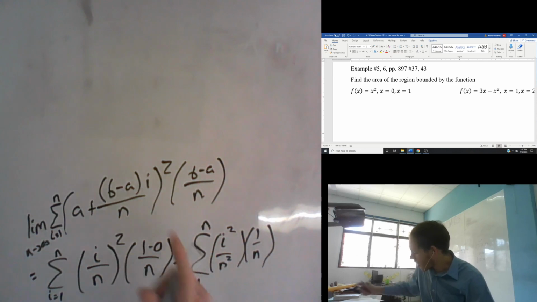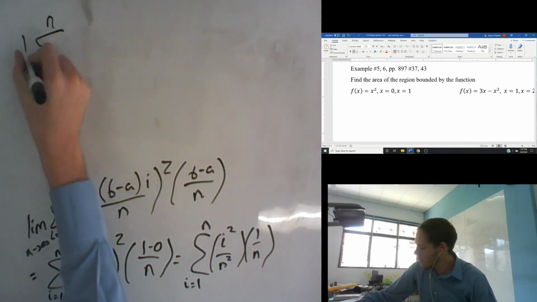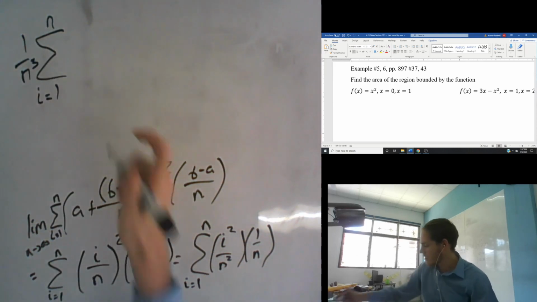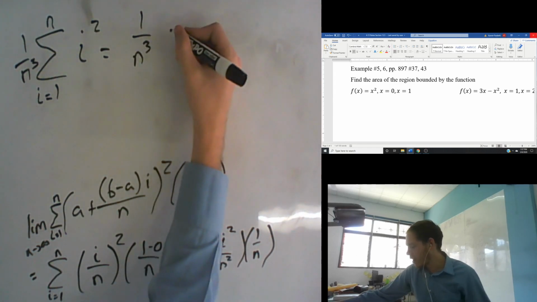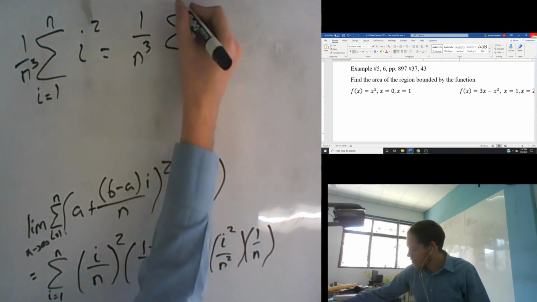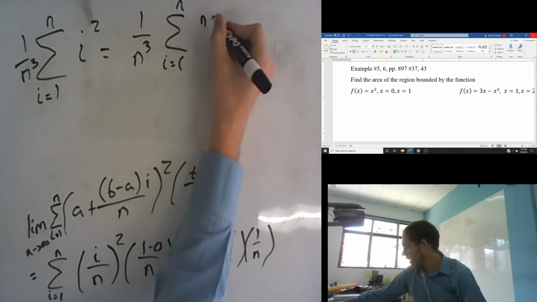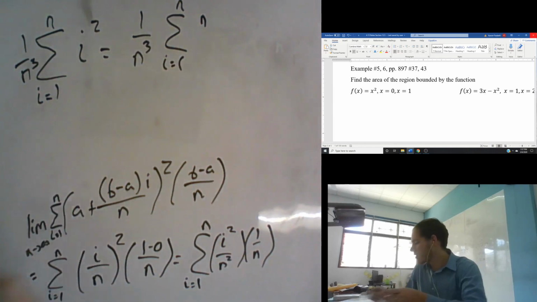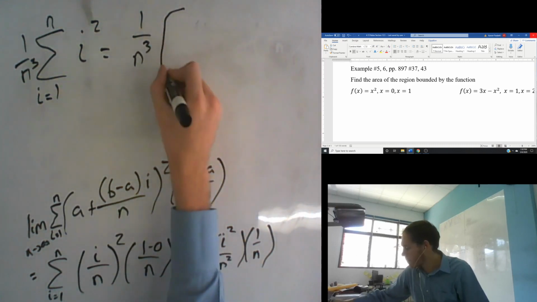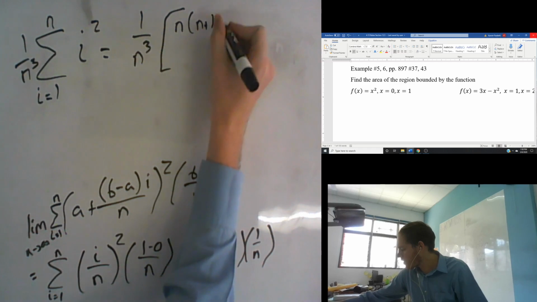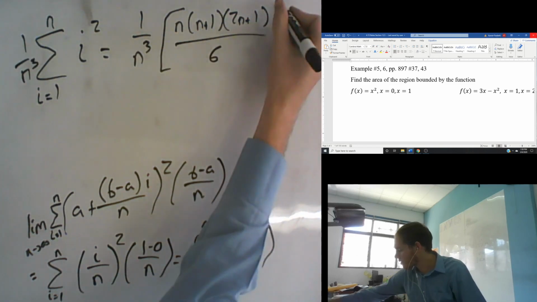So then we get the sum of i equals 1 to n. We're going to factor off the n cubed that we would get right here. So i squared, and then this equals 1 over n cubed, the sum from i equals 1 to n. After we do the sum of i squared, we're going to get n times n plus 1 times 2n plus 1 all over 6.